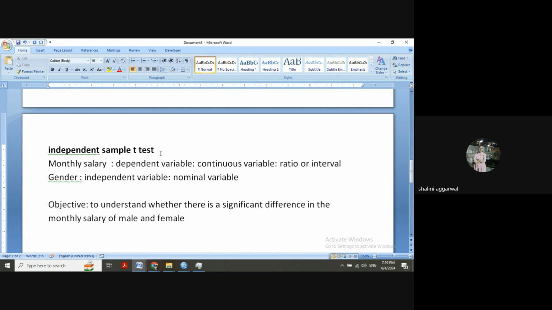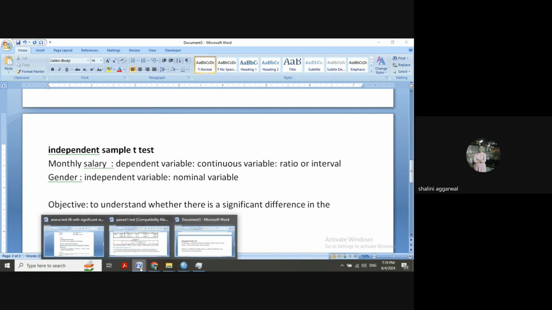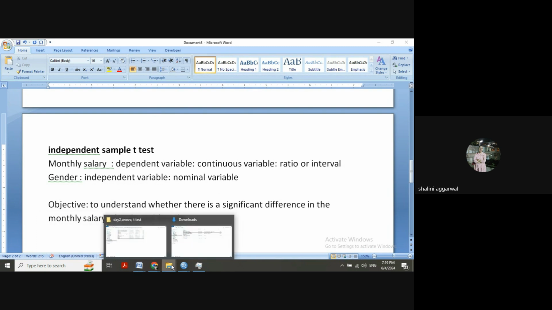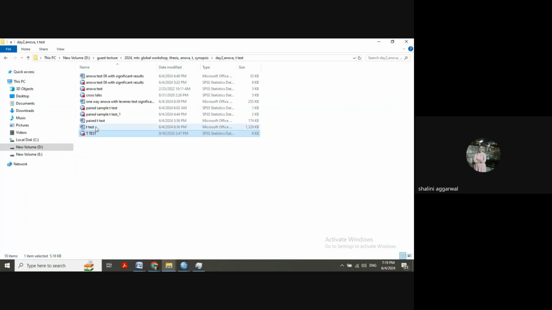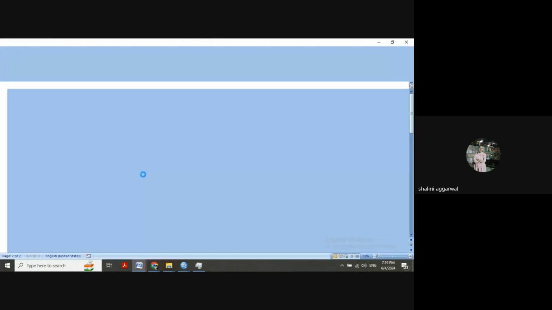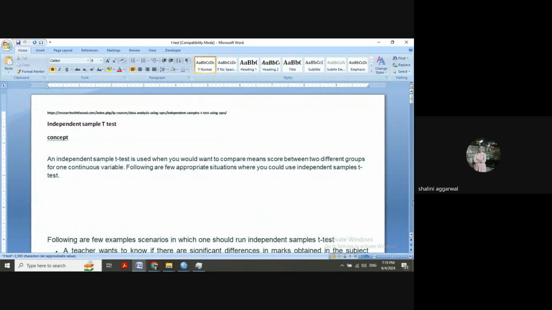What are the things to be seen? The dependent variable has to be a continuous variable, or it can be a ratio or interval scale. The other variable, your independent variable, has to be a nominal variable. Nominal variable. Only then, one minute, only then you can apply the independent sample t-test.